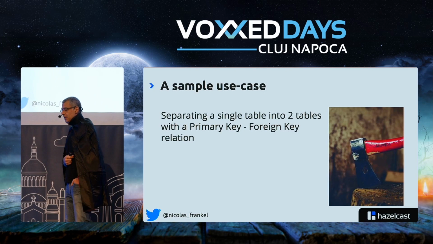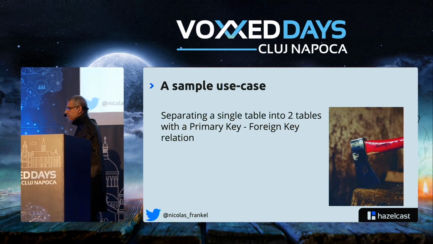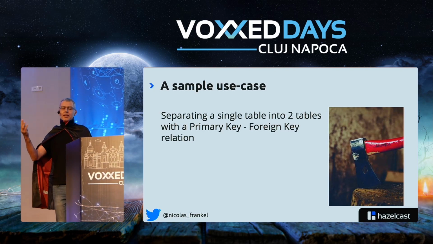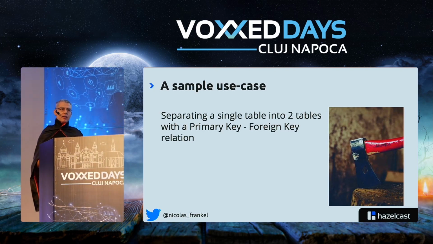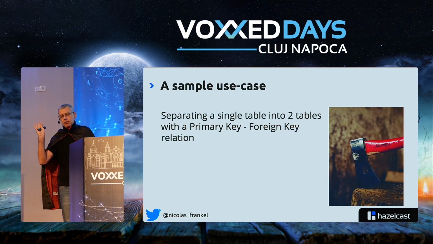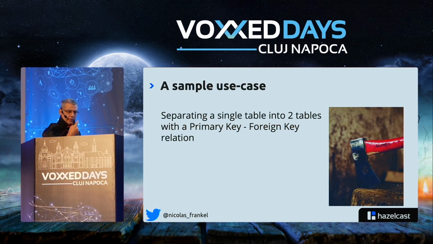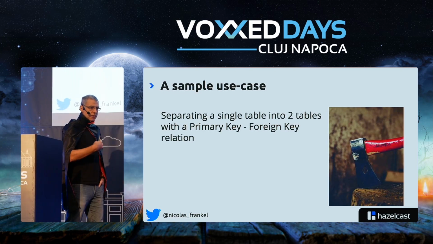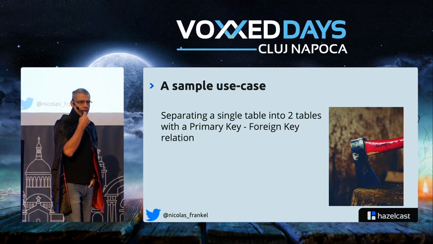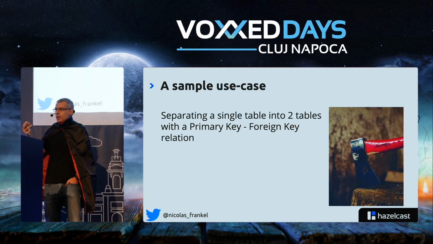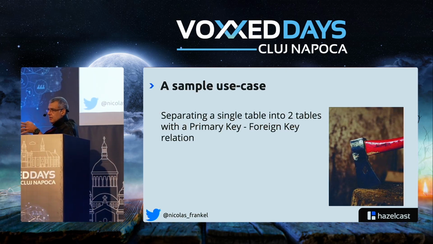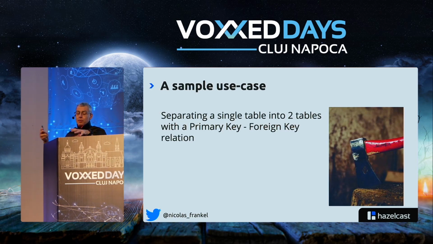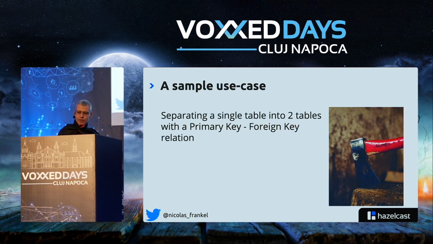I have a simple use case for you. Imagine that I tasked an intern to create a database schema, and yeah, it never happens in real life because we only have real full-fledged employees. But here, I was an intern. I had to create a schema, and basically what I need to do is separate the table into two different tables with a relationship, because for whatever reason, my schema was not right.